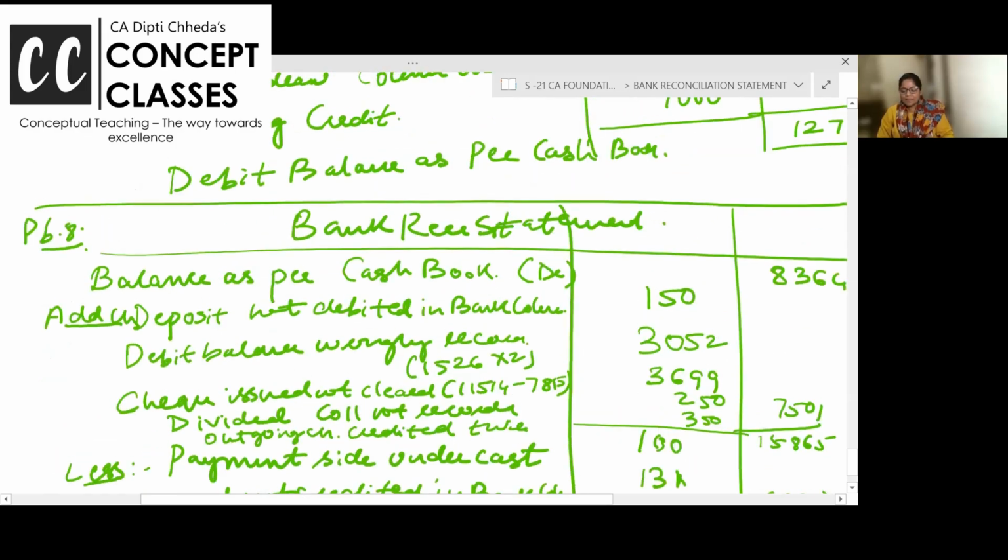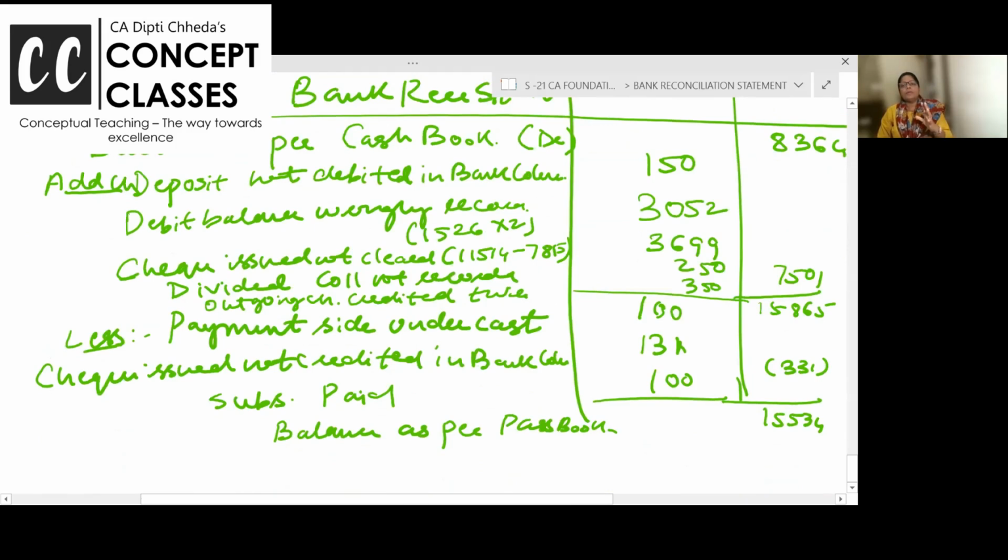We have seen how to prepare the bank reconciliation statement with debit balance, and how to prepare with the credit balance. Now we will prepare through the adjusted cash book. I will go to the next type of problems with the adjusted cash book. But before that, if you have any doubts, ask me.